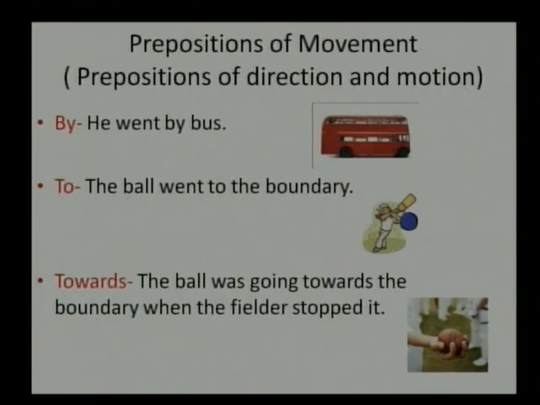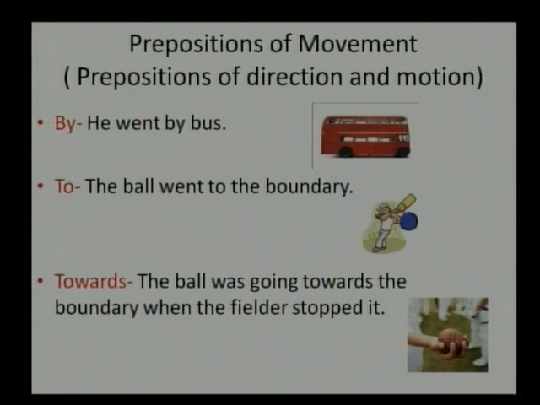We now again will have a look at the screen. The word towards. The ball was going towards the boundary when the fielder stopped it. જ્યારે ફિલ્ડરે બોલને રોક્યો ત્યારે બાઉન્ડ્રી તરફ બોલ જતો હતો. એ ગતિ જે દર્શાવે છે that is the word towards. એટલે ગતિ દર્શાવતો.